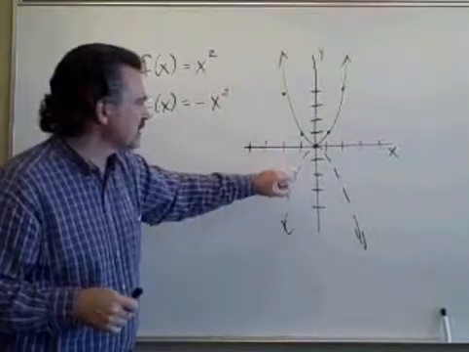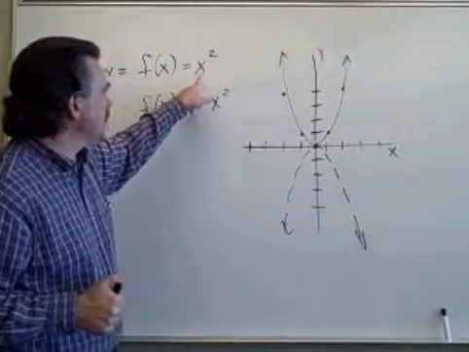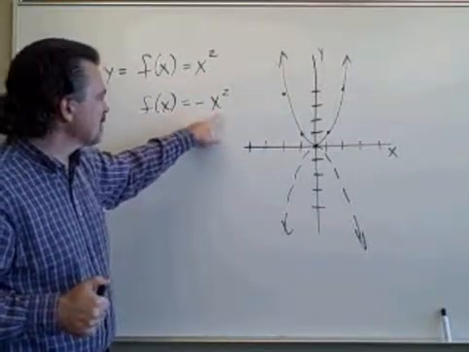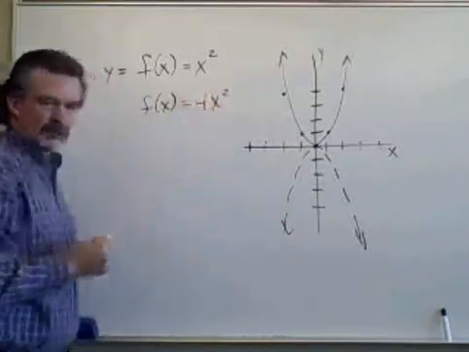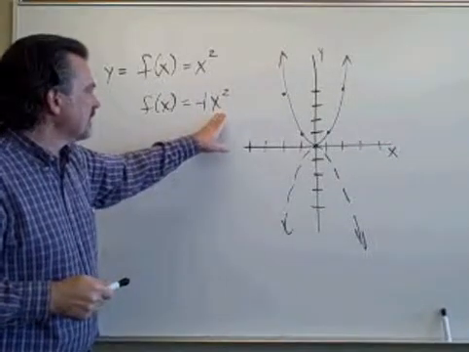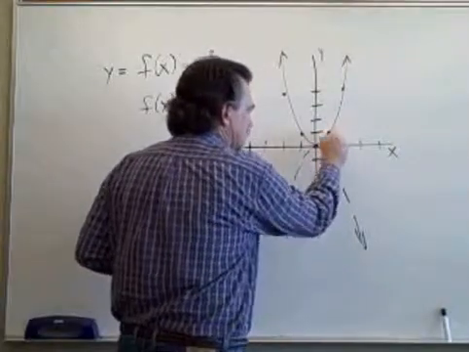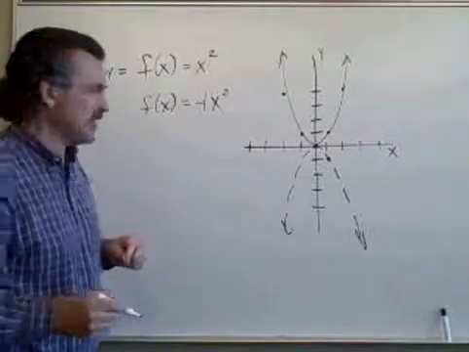Because each of these values, instead of the function value being 1, when we put 1 in for x, 1 squared is 1, but then the opposite of 1, or you can think of it as negative 1 multiplied times that x squared value, is going to give the function value then of negative 1. So when x is 1, the function's value is down here at negative 1, and likewise when x is negative 1.